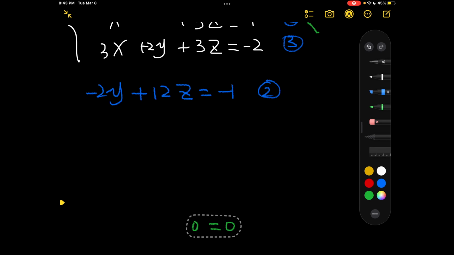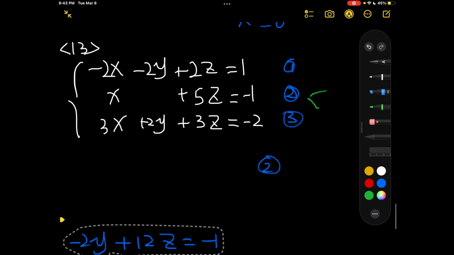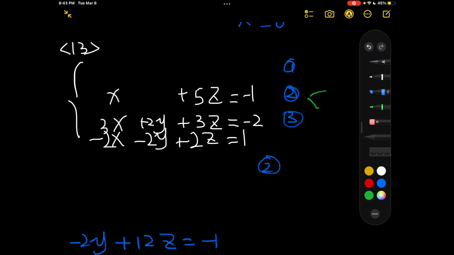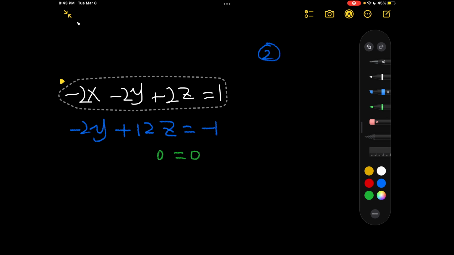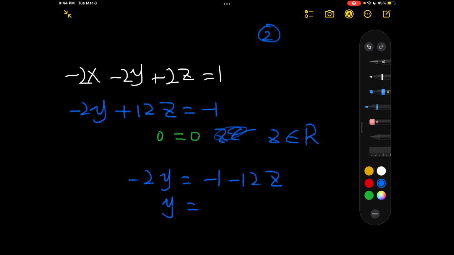So now we're using back substitution. So what we can do is, z is an element of the real numbers. -2y equals -1 minus 12z, and then y equals half plus 6z.